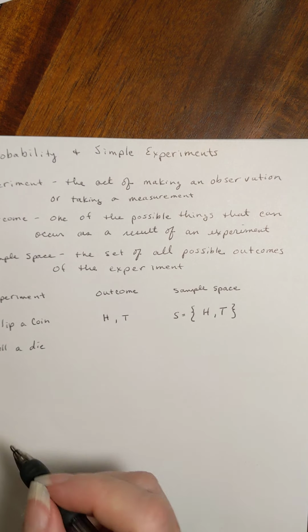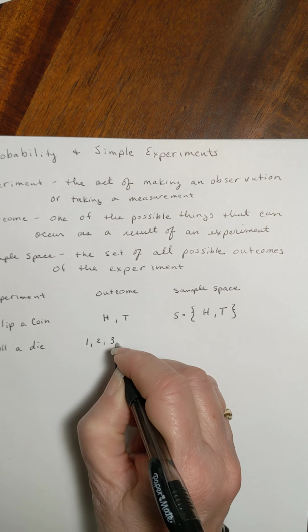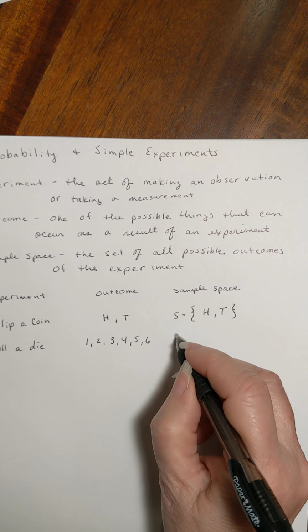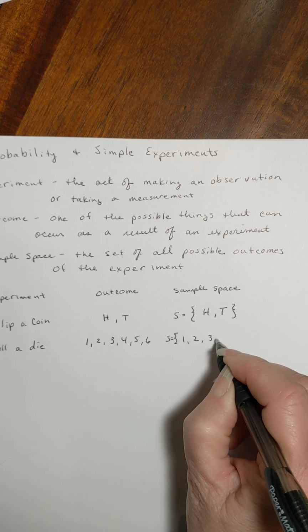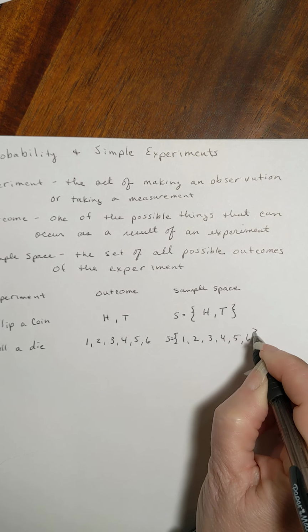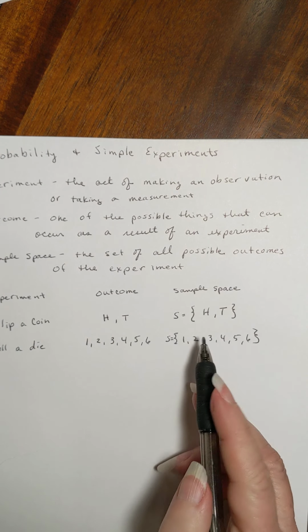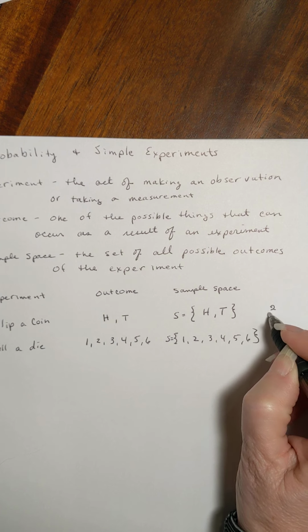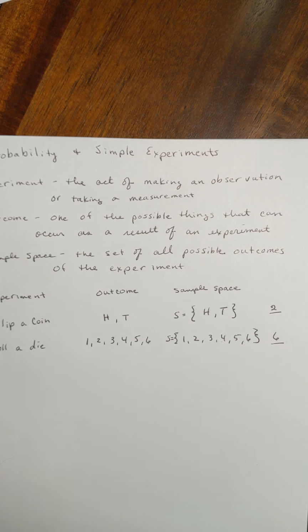So my outcomes when I roll a single die would be a 1, a 2, a 3, a 4, a 5, or a 6, and my sample space would be 1, 2, 3, 4, 5, and 6. It has 6 elements in that set, where the coin has only 2 elements in it.